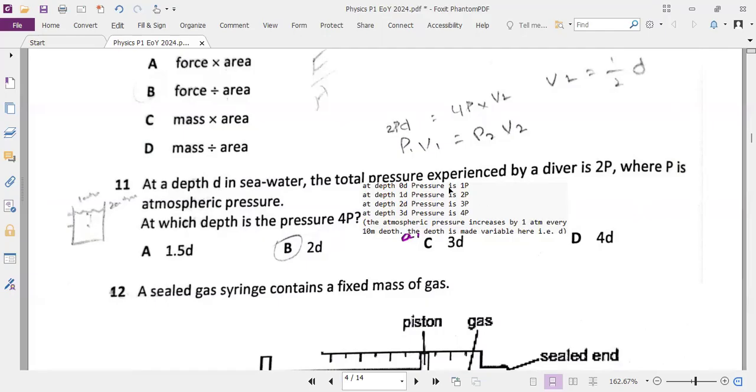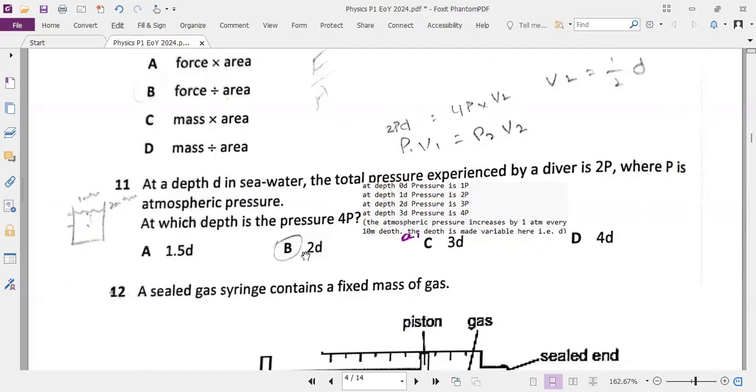So at 1D, it is 2P. Every time we go 1D down, we increase pressure by 1P. So at 2D, it's 3P, and at 3D, it will be 4P. So the 4P pressure will be at 3D depth.